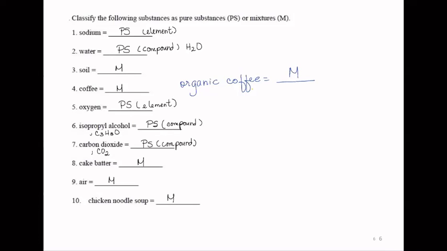That's what makes it a mixture. If you look at the chemical composition of it, there are going to be water molecules and isopropyl alcohol molecules. Even though those molecules are technically made of multiple elements, both the water and the isopropyl alcohol, that's what makes it a mixture.